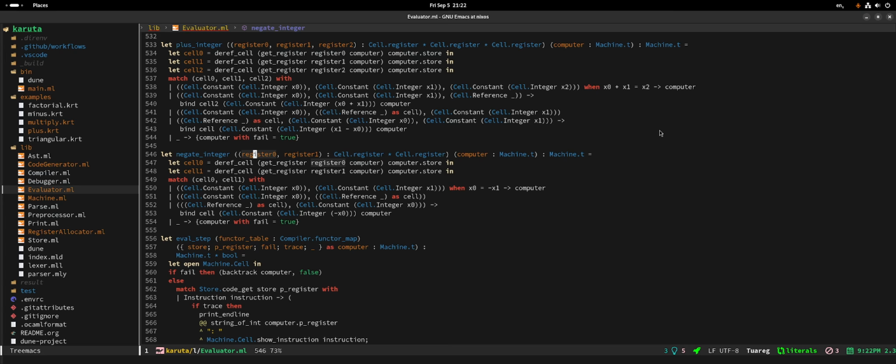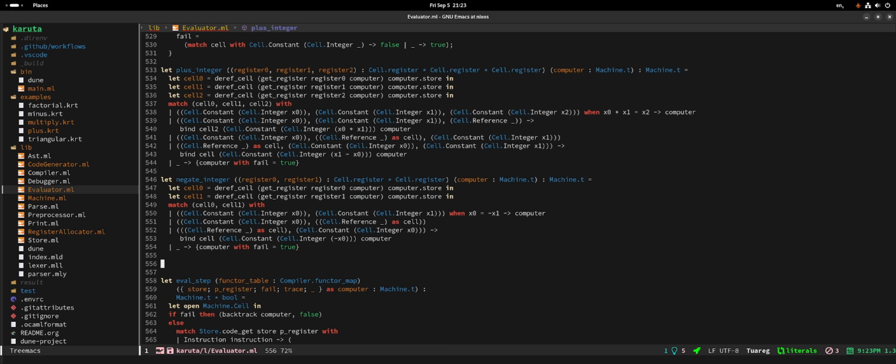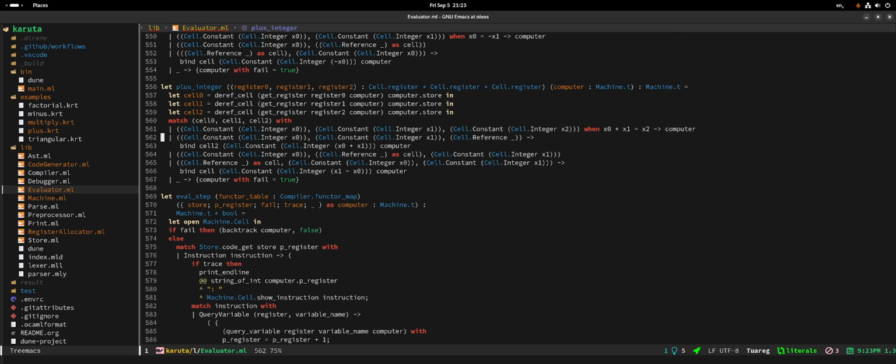Let's do it in a standard library for now, but the problem with that is that now we need to make some sort of import system or module system. That is true.